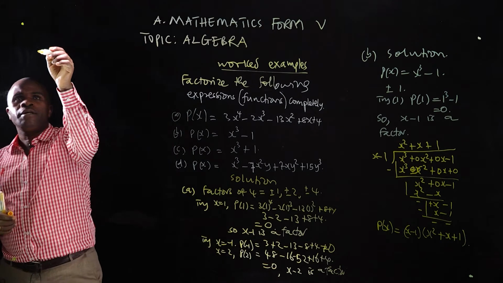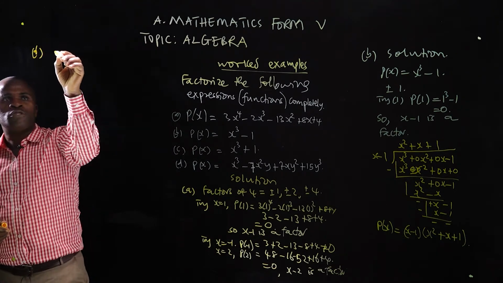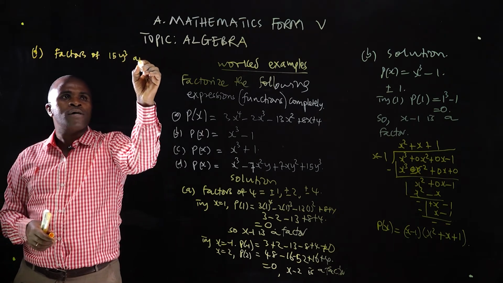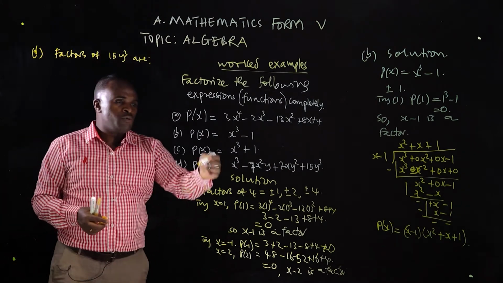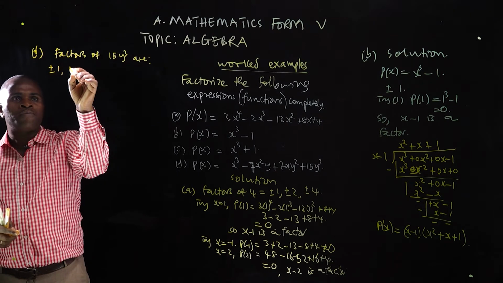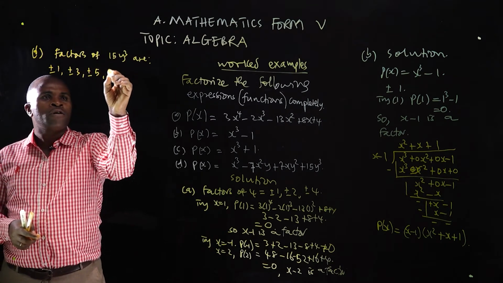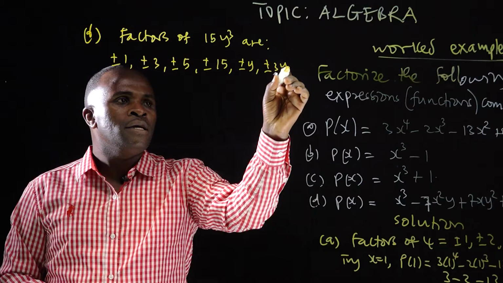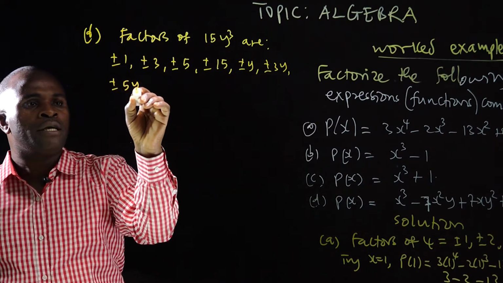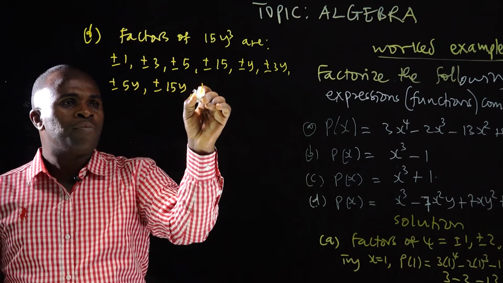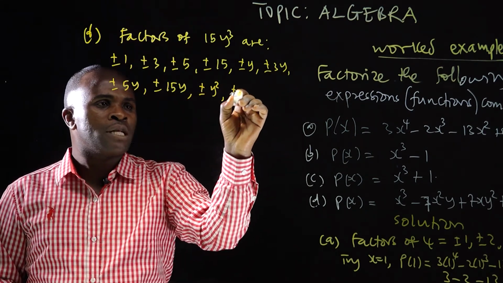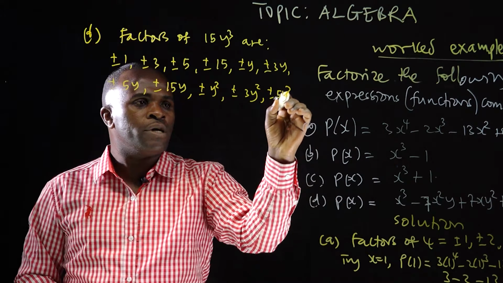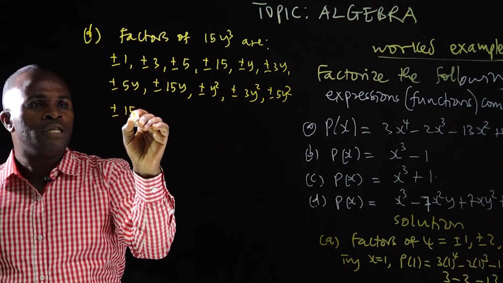So with D, the constant term, we say factors of 15y cubed are, here there exist many factors, because you'll be taking plus or minus 1, plus or minus 3, plus or minus 5, plus or minus 15, plus or minus y, plus or minus 3y, then plus or minus 5y, plus or minus 15y, again plus or minus y square, plus or minus 3y square, plus or minus 5y square, plus or minus 15y square.